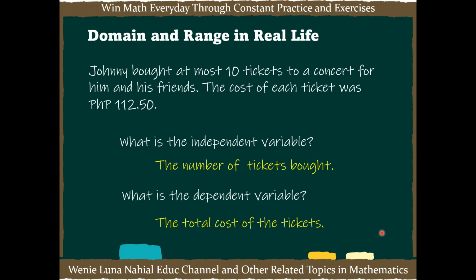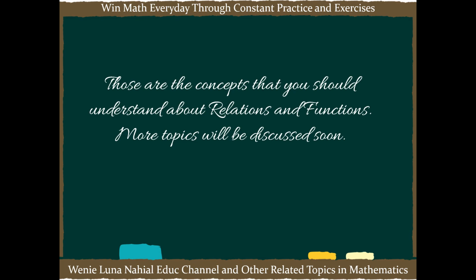Again, the total amount to be paid in this particular example is dependent on the number of tickets a buyer would want to have, or the number of tickets that Johnny would like to have for him and his friends.